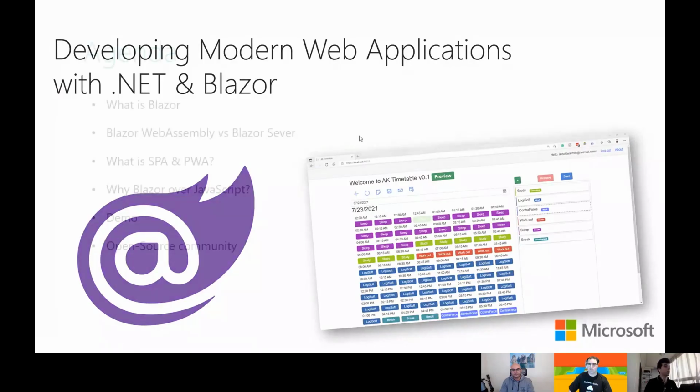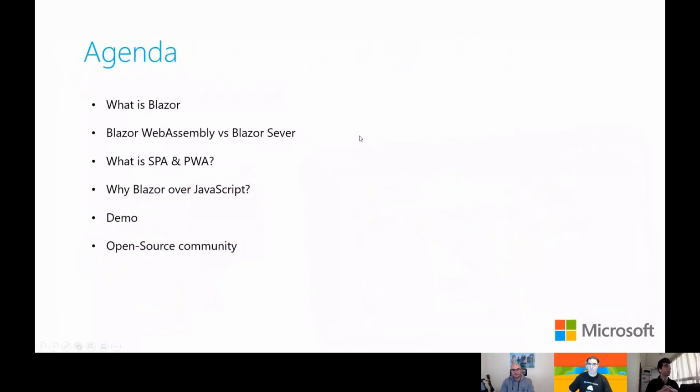So here we are. The topics that we are going to cover in this session are, first, what is Blazor, just to give an introduction. Then we will talk about the different hosting models that Blazor provides, WebAssembly and Blazor Server. Then we will make a very quick introduction to SPA and PWA, or single page applications and progressive web apps.